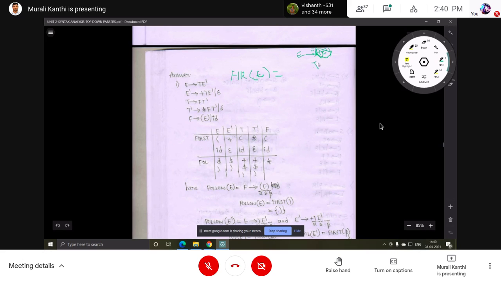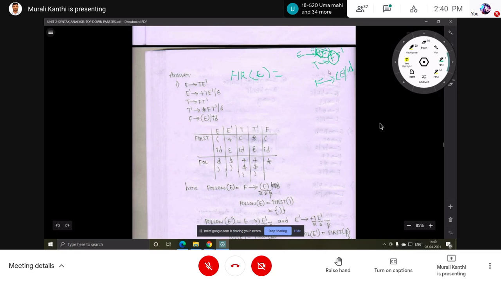So in the T production, what is there? T implies F T dash. The first symbol is F. F is a non-terminal and has a production, so go to that F production. In the F production, two productions are there: one is open parenthesis E close parenthesis, and one more is ID.